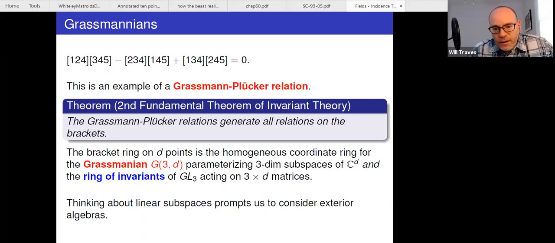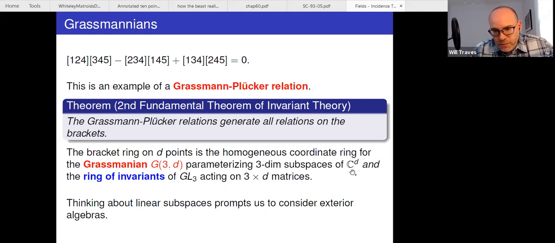Another way you can think about it is as taking the same 3 by D matrix, but considering the rows of the matrix this time. Then you get 3-dimensional subspaces of D-dimensional space, because the rows each have D coordinates.